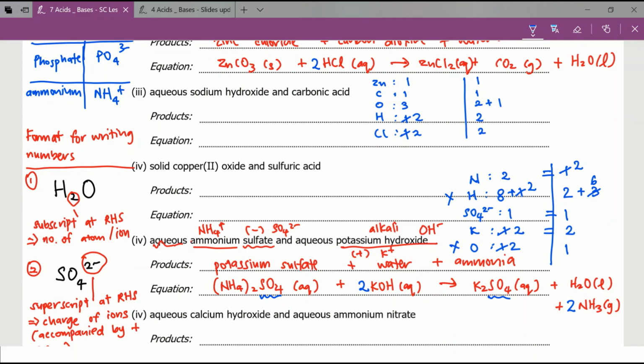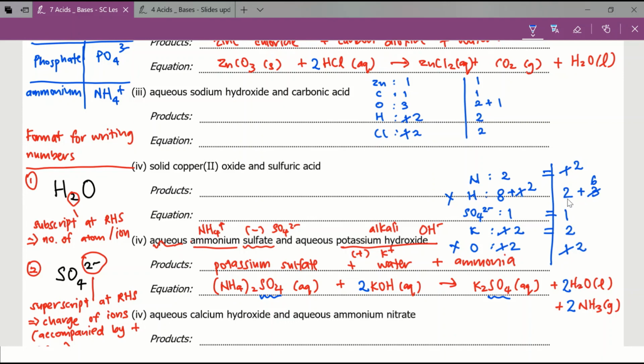So what I need to do is make sure that I've got 2 oxygen on the right hand side, right? Because there's 2 here and there's only 1 here. So I need to make sure that there are 2 here. And to do that, I'll put coefficient 2 in front of water. So with that, the number of hydrogen also changed. Previously, this 2 was from here.